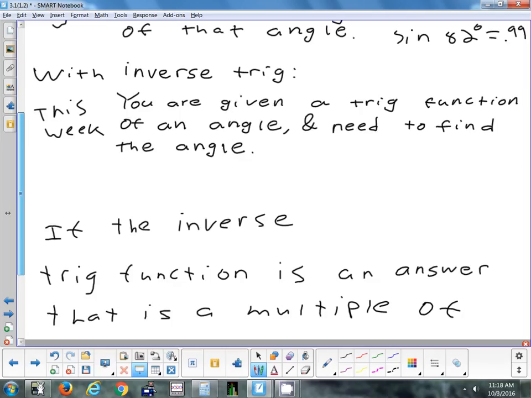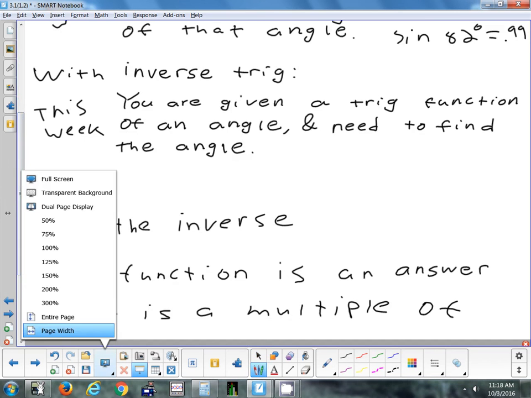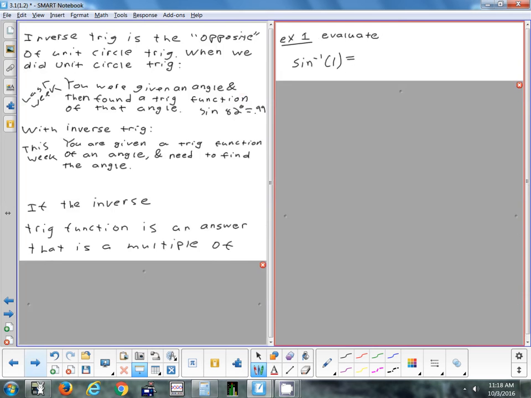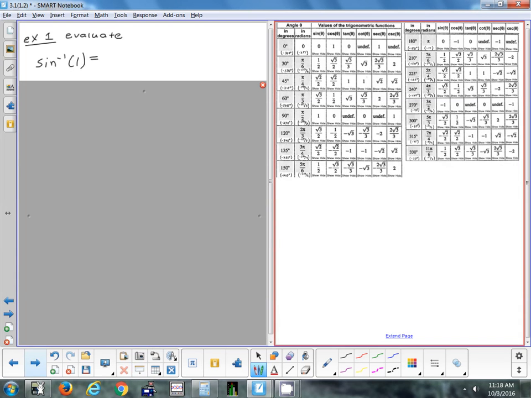So there are some angles that are going to come out to answers that we're very familiar with. If you look at this table, what kind of angles are listed in the table that I just passed out? Let me just put up the table so you can kind of see it. What kind of angles are in this table? Multiples of 30 and 45.